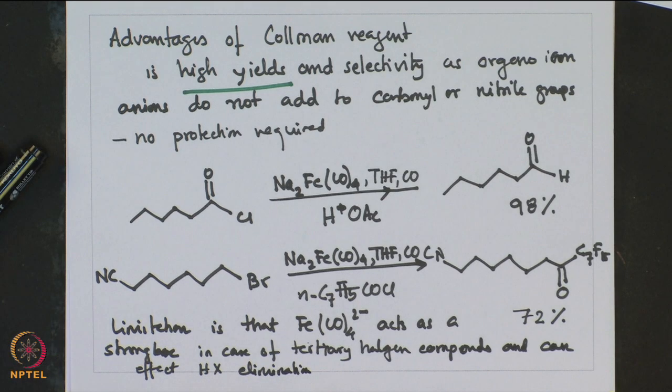So, the end of discussing this Collman's reagent, which is the iron tetracarbonyl dianionic compound and its utility for functionalization of various organic halogen compounds. And what we have seen is that the advantages of Collman's reagent arise from its high yield and selectivity for these transformations.